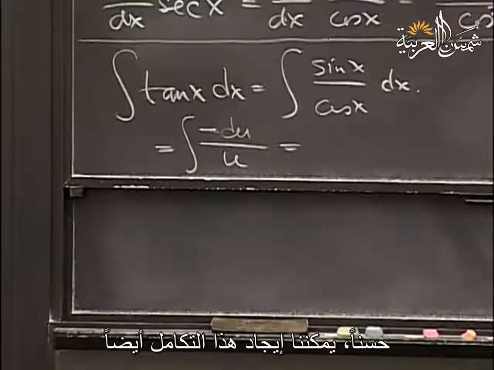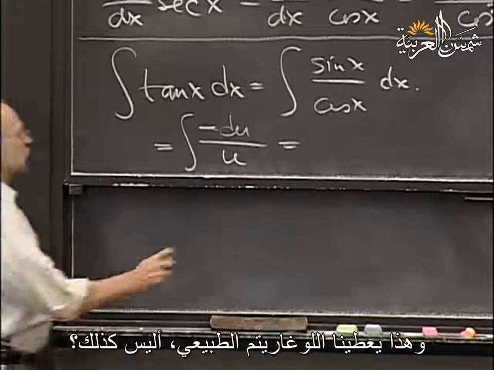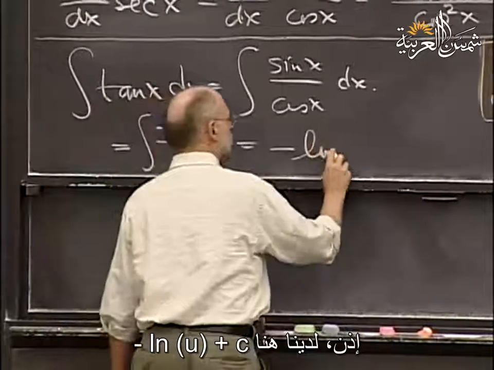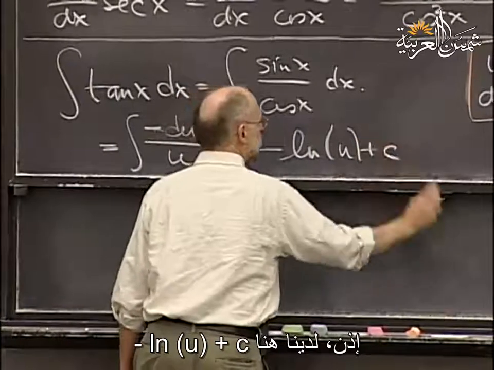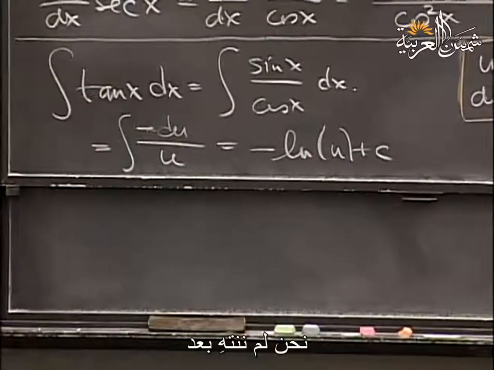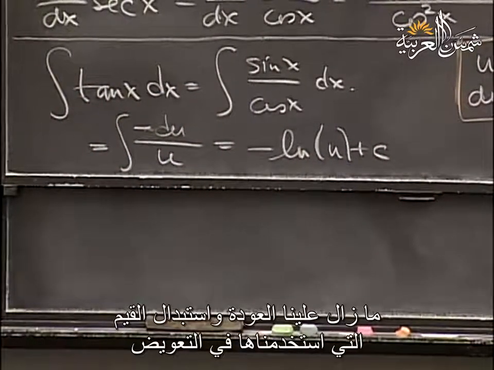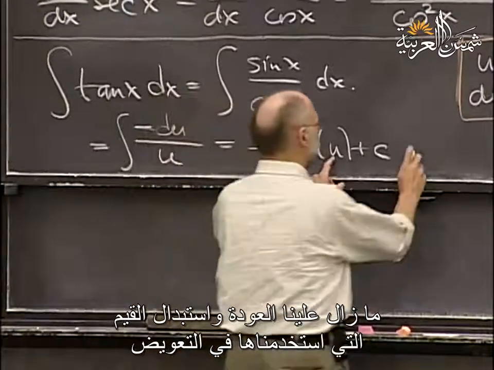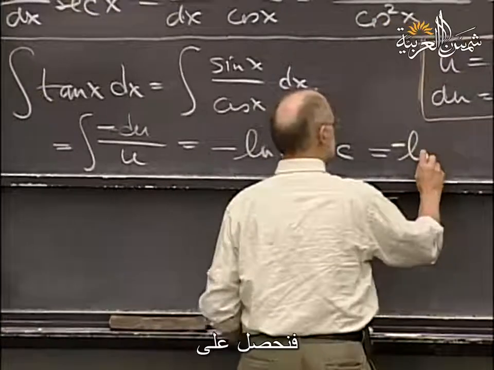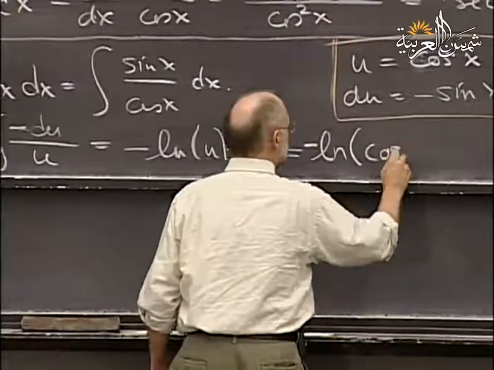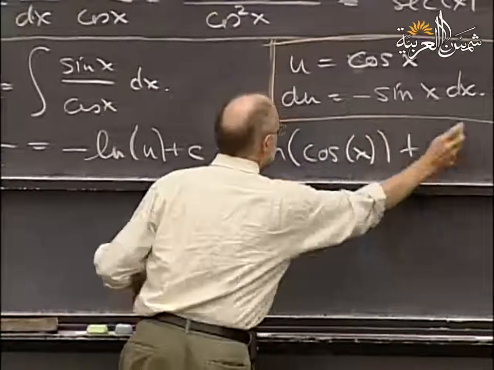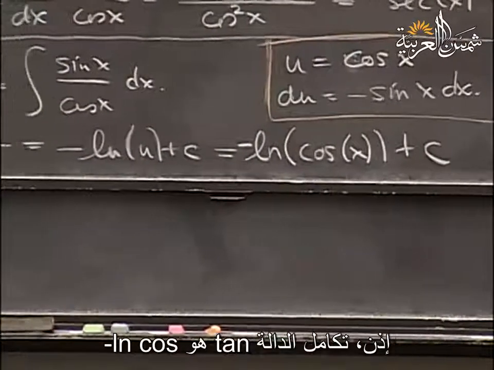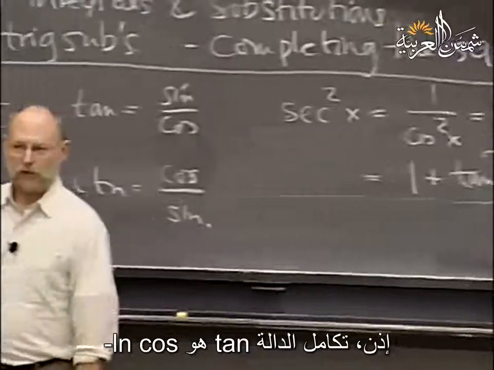Well, I know how to do that integral too. That gives me the natural log, doesn't it? So this is minus the natural log of u plus a constant. I'm not quite done. I have to back substitute and replace this new variable that I made up called u with what it is, and what you get is minus the natural log of the cosine of x. So the integral of the tangent is minus log cosine.